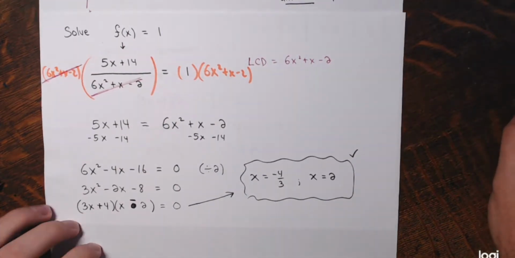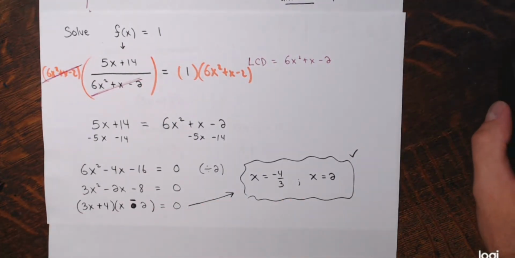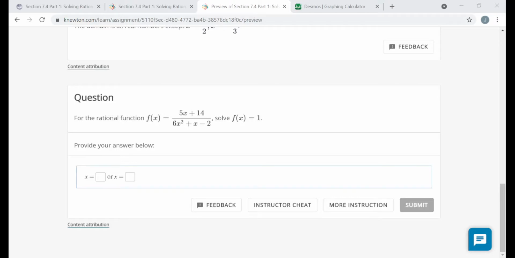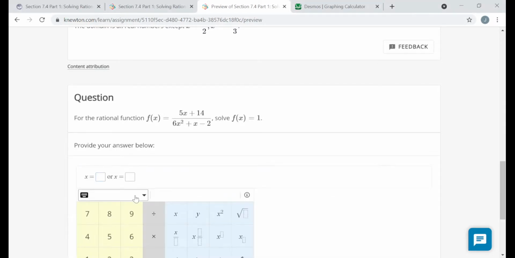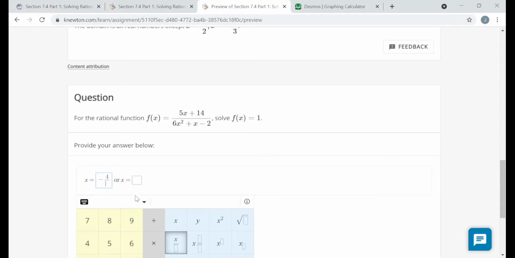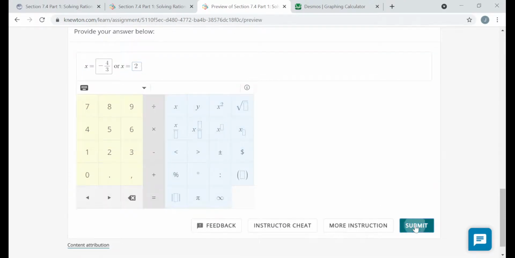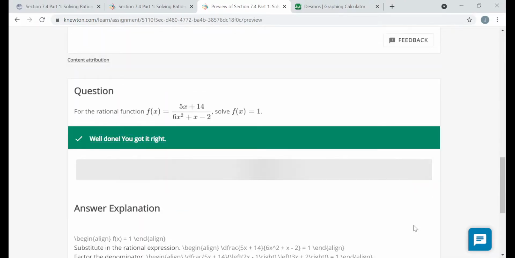But what they're asking us to enter are these two inputs here, these two values. Right? So when is f of x equal to 1? When x is negative 4/3, or when x is positive 2. And then submit that. And I believe there's probably one more part to this.